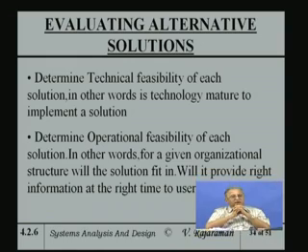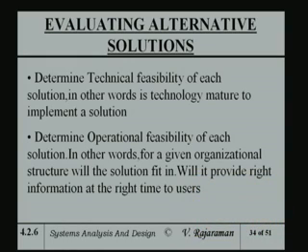Now, to evaluate the alternate solutions, determine technical feasibility of each solution. In other words, is technology mature to implement a solution, okay, and determine operational feasibility. In other words, for a given organizational structure, will the solution be possible? Will it fit in?